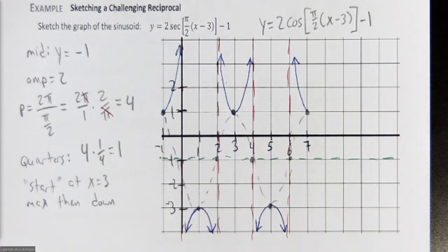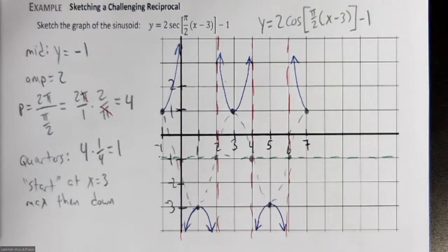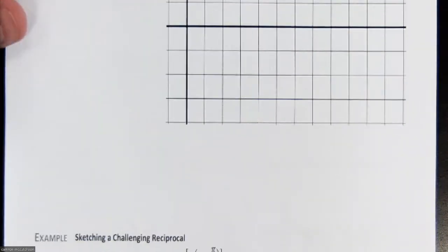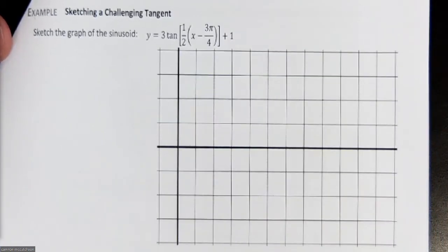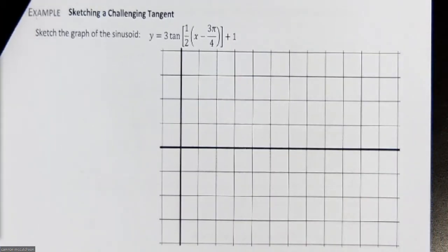Great. So now that we have this one, shh, calm yourselves. We have 2 more questions to do. We have a tangent and a cotangent. Before I start the question, I do want to bring your attention back to the parent functions for a moment.